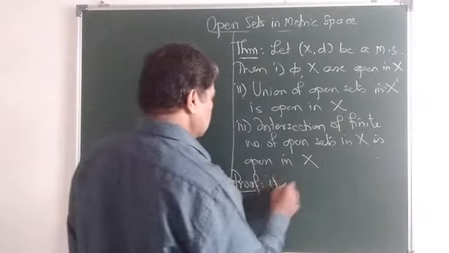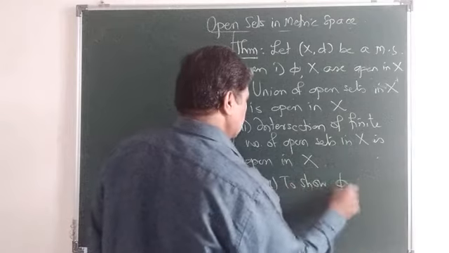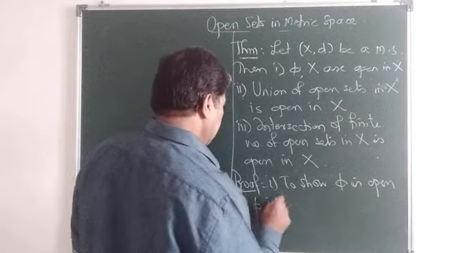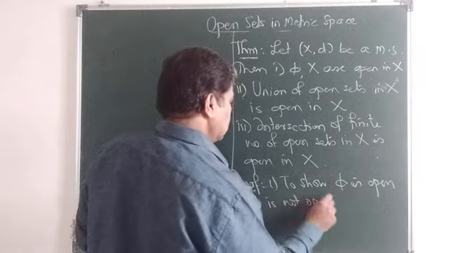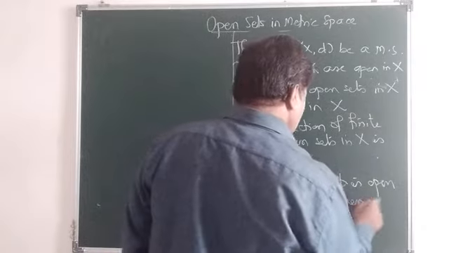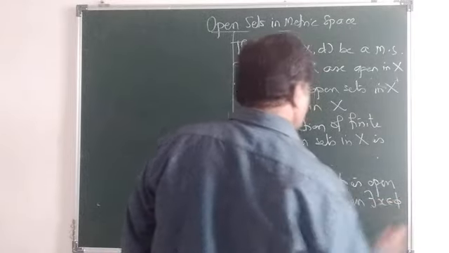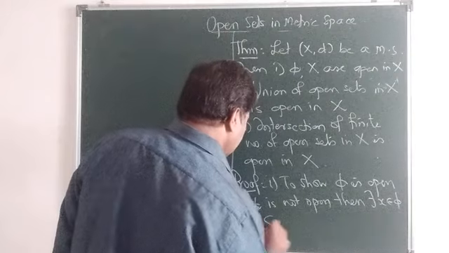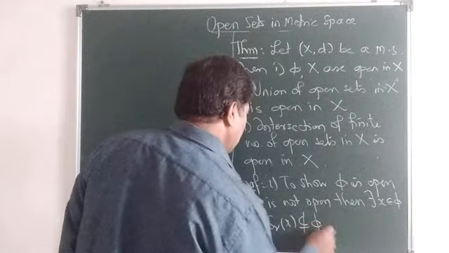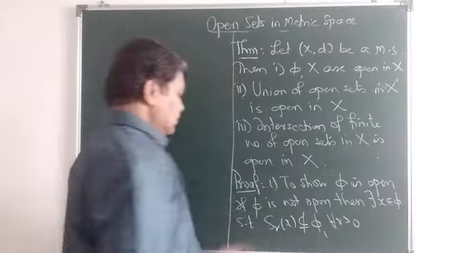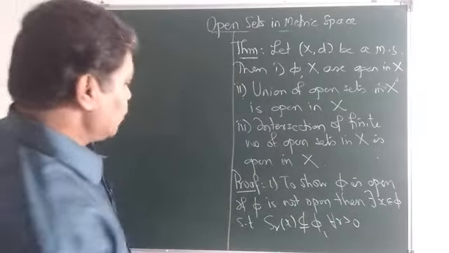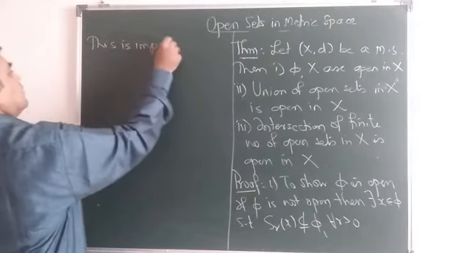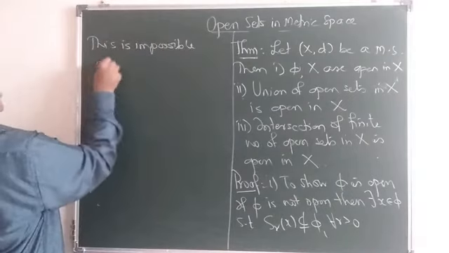So first, to show phi is open. If phi is not open, then there exists some x belonging to phi such that S_r(x) is not a subset of phi for every r greater than 0. This is impossible as phi contains no element.